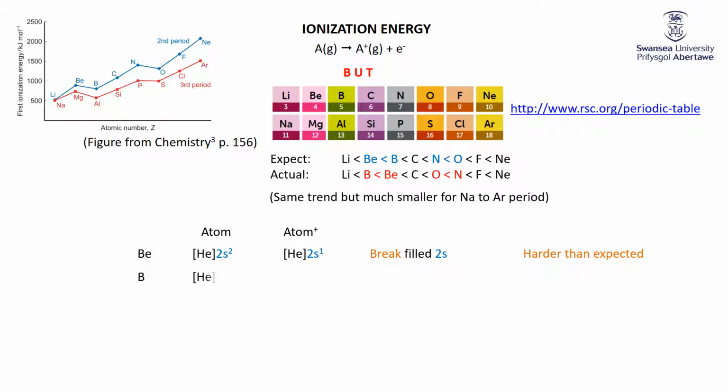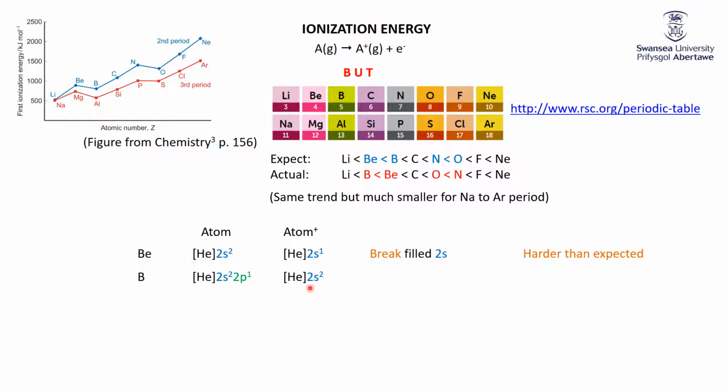Now think of boron. Boron's electron configuration is helium 2s2 2p1. So we've got an electron in the p subshell, and when we remove an electron, it will be the one from that p subshell, so we're left with helium 2s2. In other words, we're going from a situation where you've got an electron in a higher energy subshell, we remove that, and we're left with the only electrons in boron plus being in filled subshells.